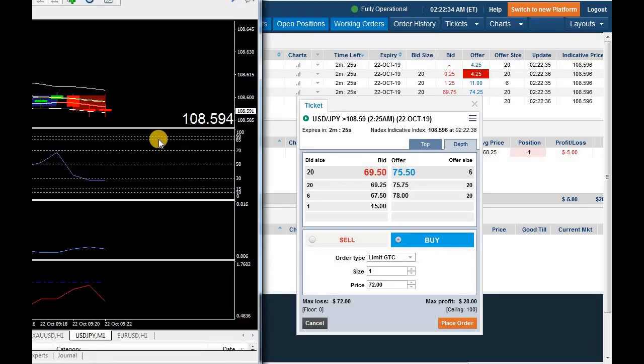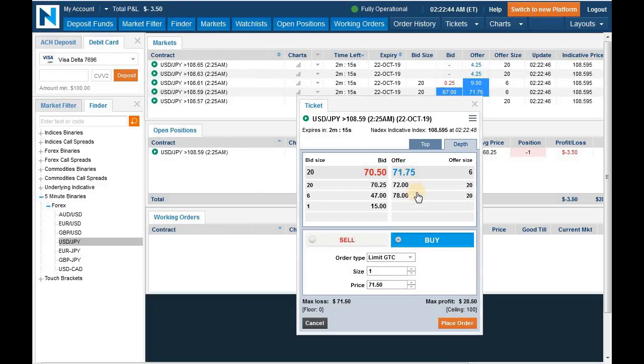I pop my chart back up so that I can see what's happening on the chart, but I've also got my indicative price right there on the ticket. Now I'm positioning myself where I can exit this trade very quickly, and I'm doing that when we're getting close to break even, because it may not be long before I have the opportunity to exit with some profits.